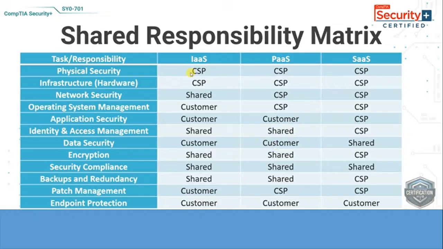Shared responsibility matrix: here it is very important to understand. First we have cloud deployment models, which we need to understand. Public cloud, private cloud, and hybrid cloud are the three categories.